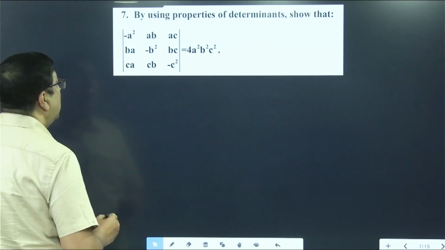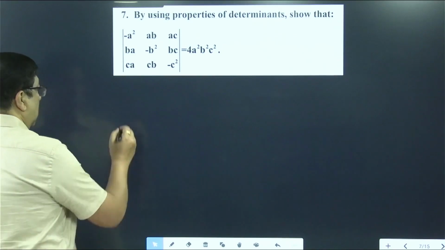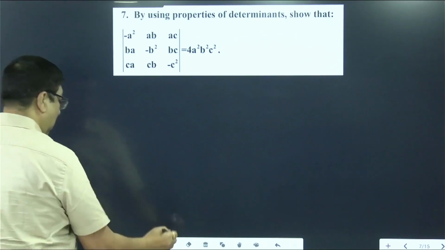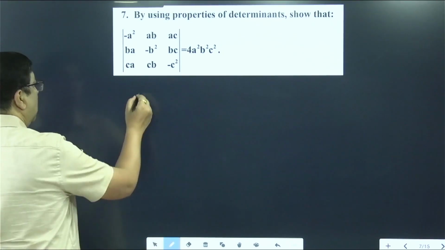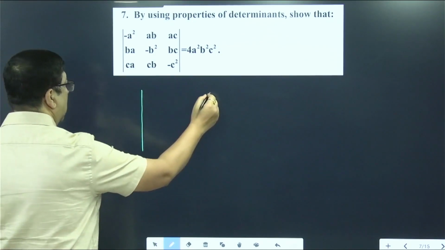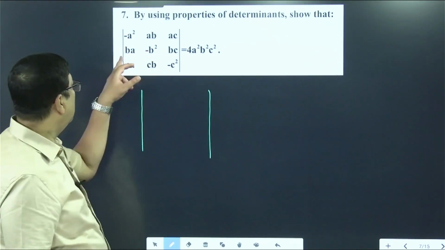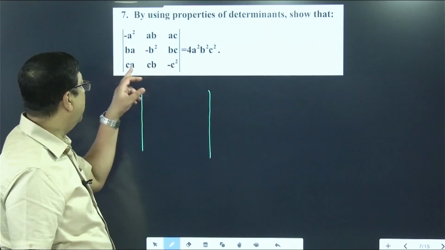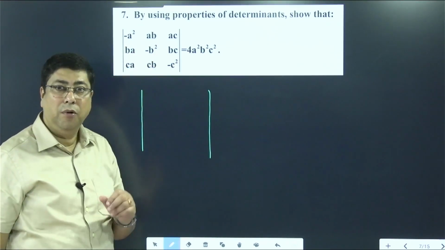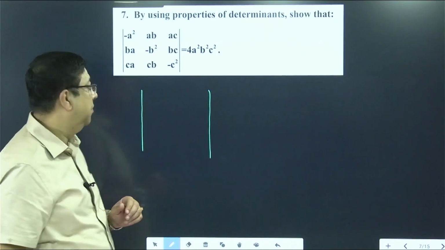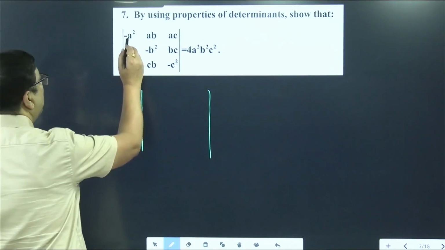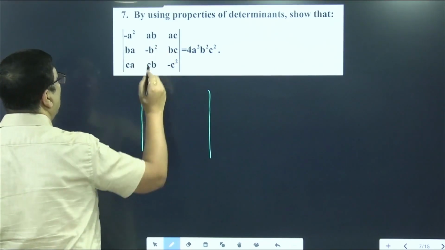we have to take some common. So from row 1, if we take A common, from row 2, if we take B common, and from row 3, if we take C common, let's see what is coming. So A common from row number 1.